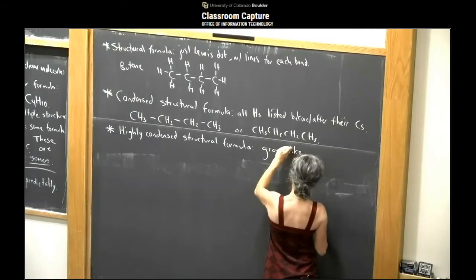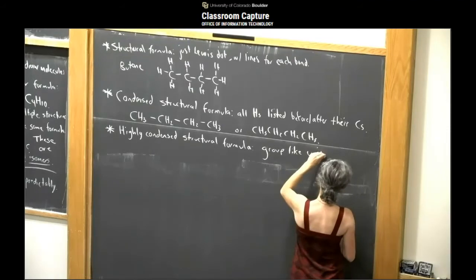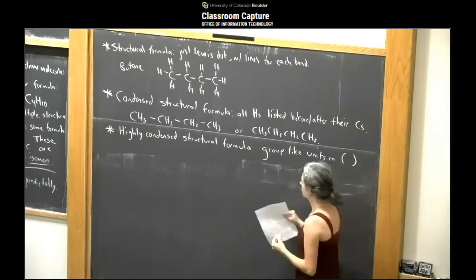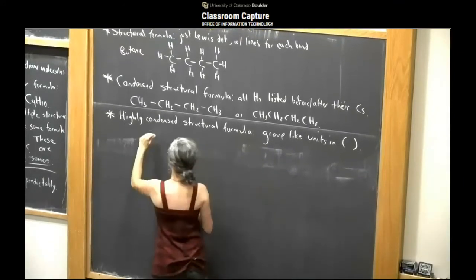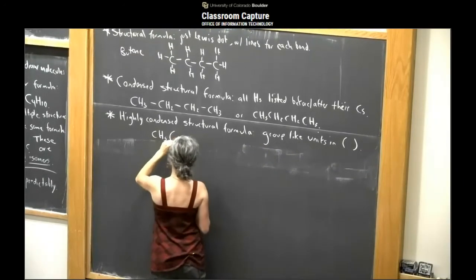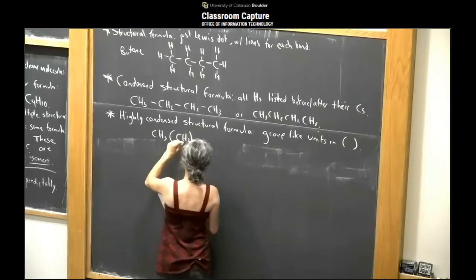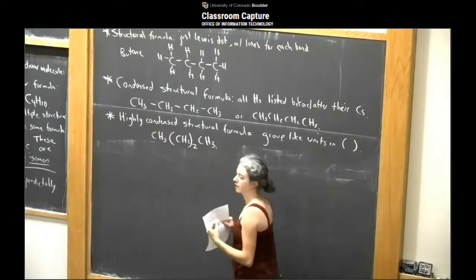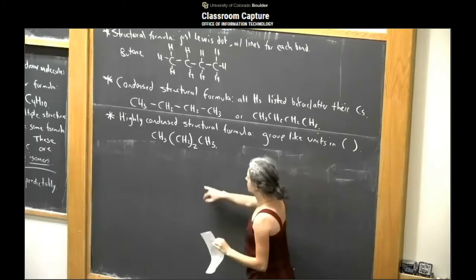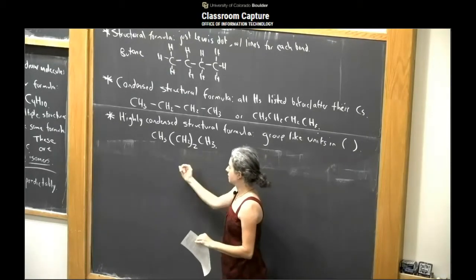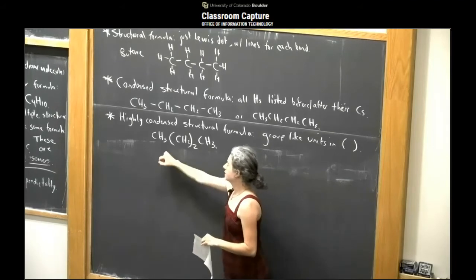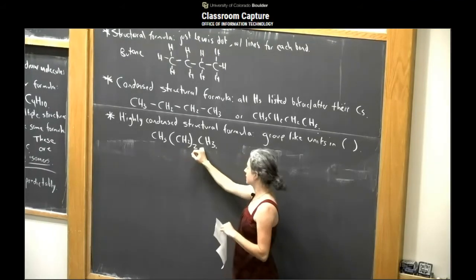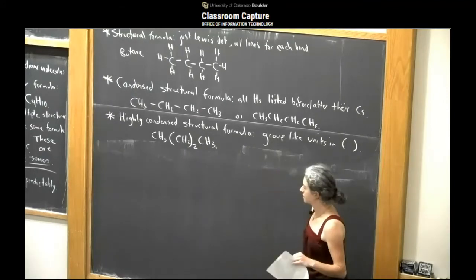So we're going to group like units in parentheses. So for butane, we could do CH3, (CH2)2, CH3. So now it's just as much work to write out butane as it would be to write out, say, decane. Decane would be like CH3, (CH2)8, CH3. So there's still 10 total carbons in decane.